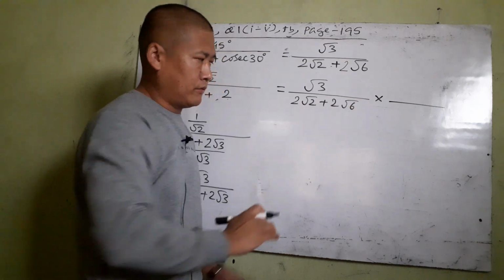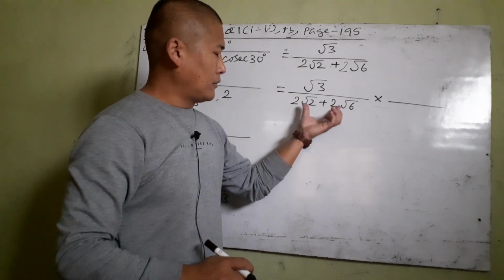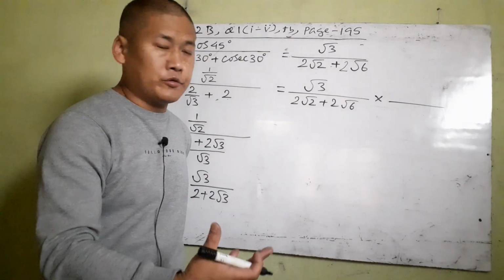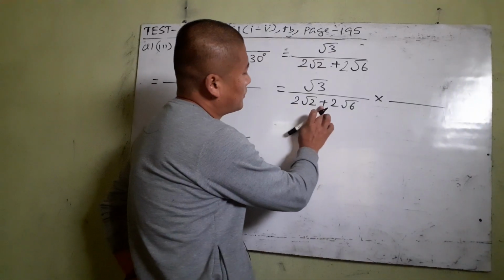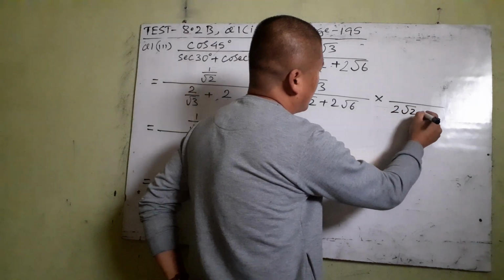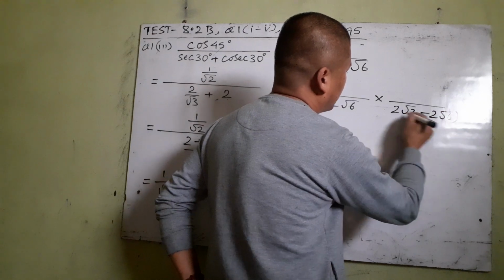So when it is mixed with rational and irrational number, to remove this root from the denominator, we usually multiply by its conjugate. Conjugate means, for 2 root 2 plus 2 root 6, the conjugate is 2 root 2 with the opposite sign in between, minus 2 root 6.